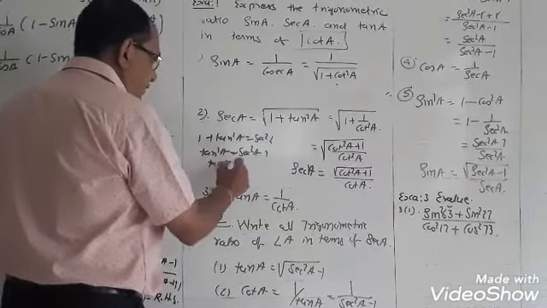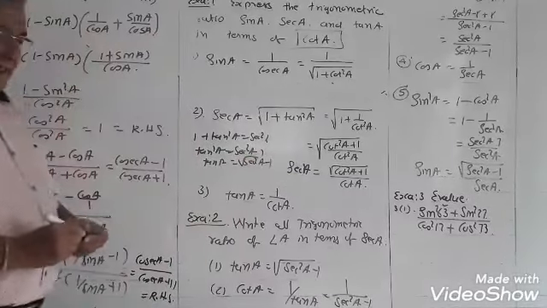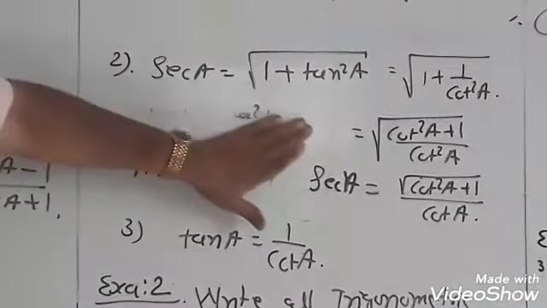Taking the square root, tan A is the square root of sec square A minus 1.